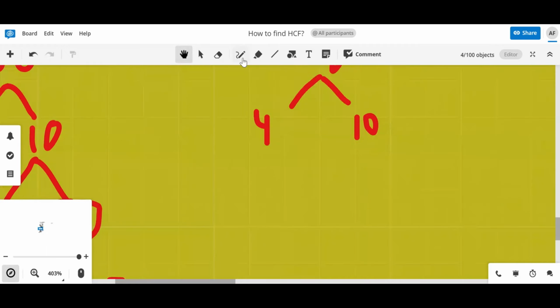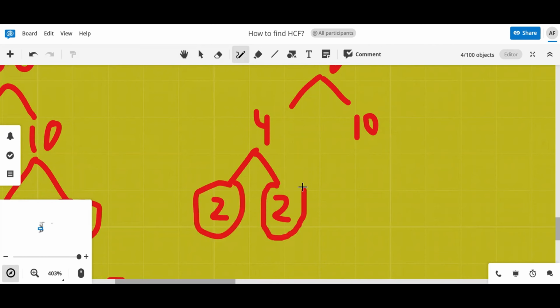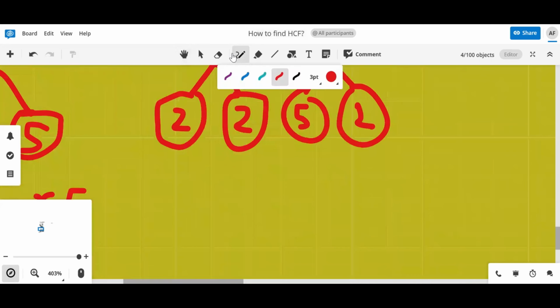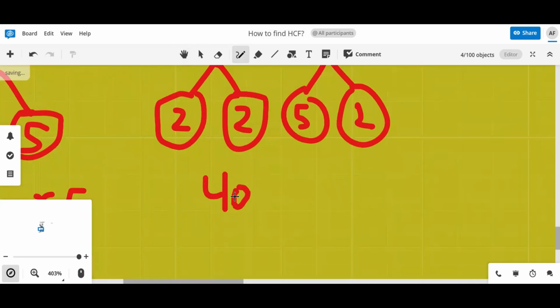We can divide 4 further into 2 times 2, and 2 is a prime number. 10 is similar: 5 and 2, both prime numbers. Now the factors of 40 are 2 times 2 times 5 times 2.